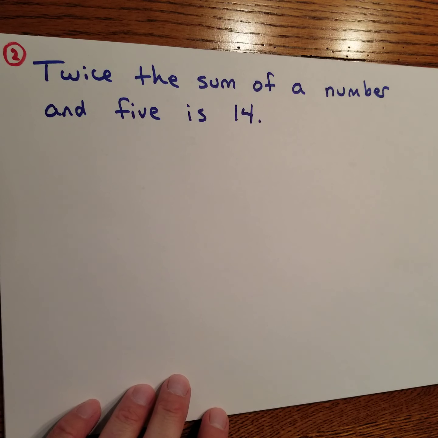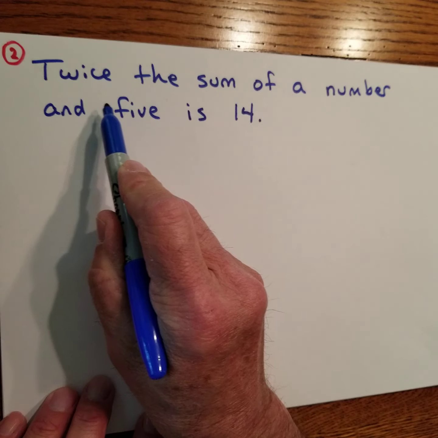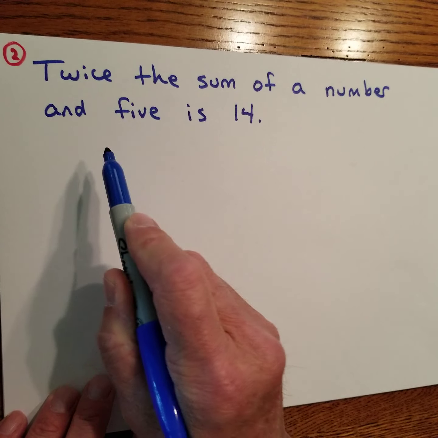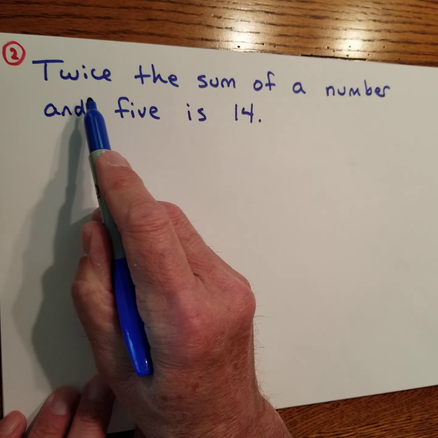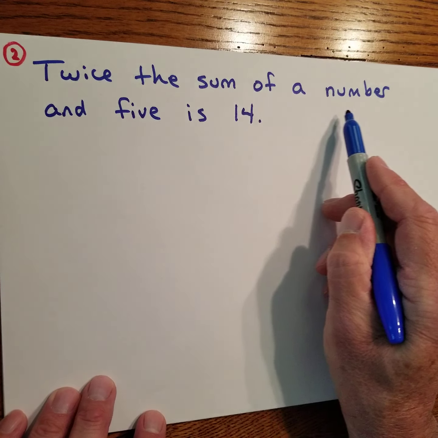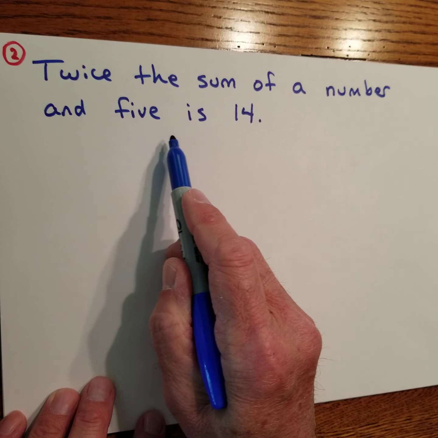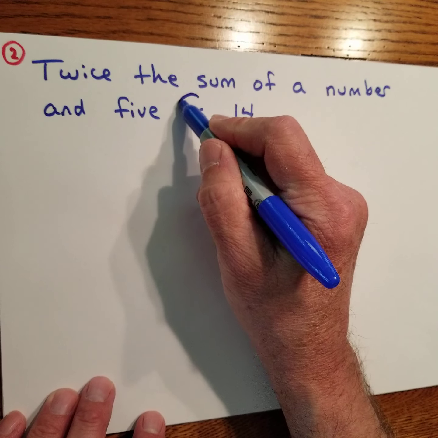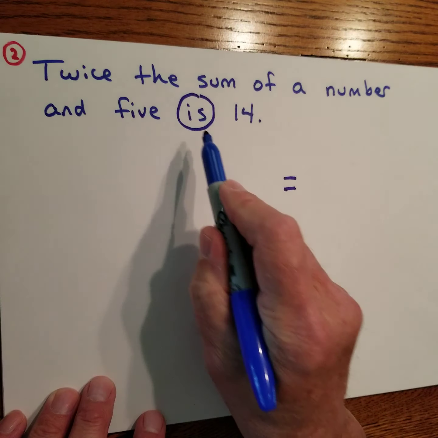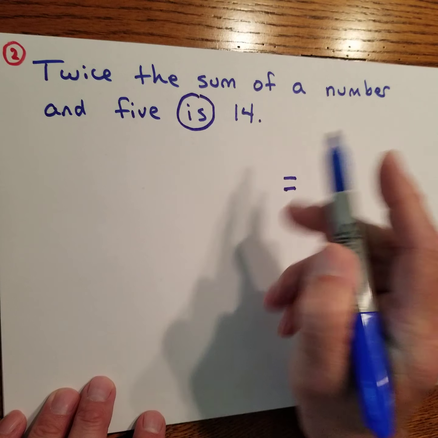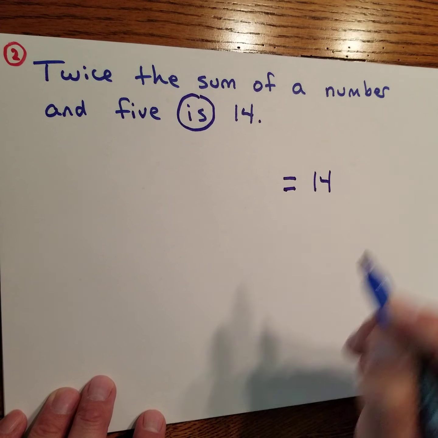We'll work number 2 the same way. Read the problem, find the equal sign, write the equation, solve. Twice the sum of a number and 5 is 14. Find the equal sign. Well, the most common word for equal signs in word problems is the word is. There's my equal sign. What comes after the equal sign? Just the number 14.